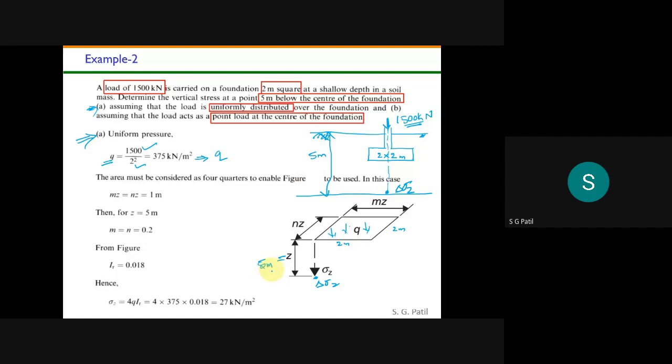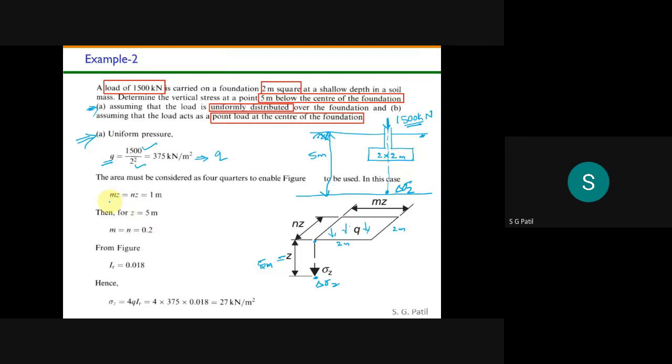Now see, this is the rectangular area, and you are calculating at one of the corners. You have the formula to calculate the stresses at one of the corners. Now you calculate the m and n values.